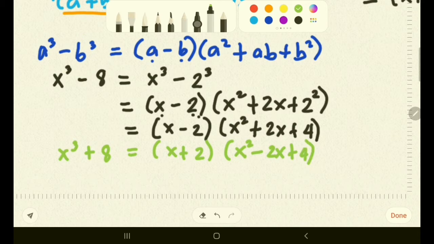Okay. Take a look at their difference. So here, as you can see, they differ only in signs. So that's the pattern.